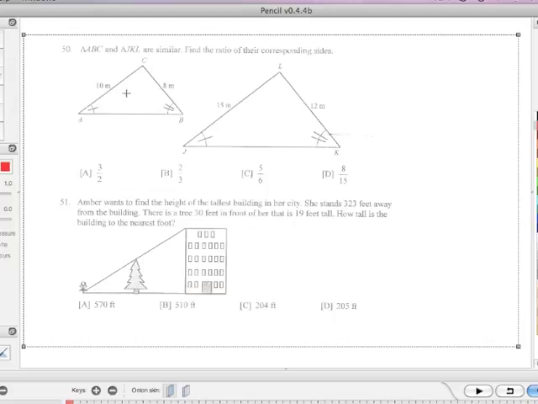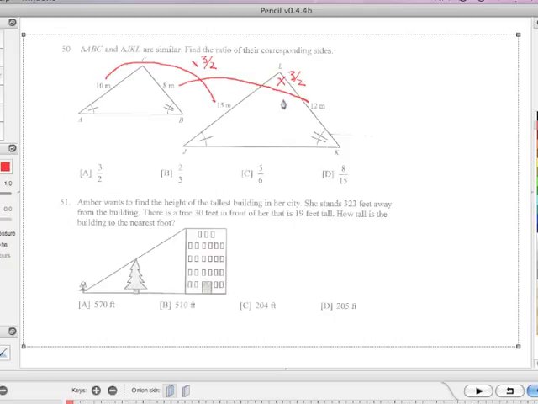Okay, so the triangles ABC and JKL are similar. Find the ratio of their corresponding sides. Well, the ratio of the sides will just stay consistent. You see how you go from 10 to 15, you're multiplying by 3/2, or 1.5. To go from 8 to 12, you're multiplying by 1.5.